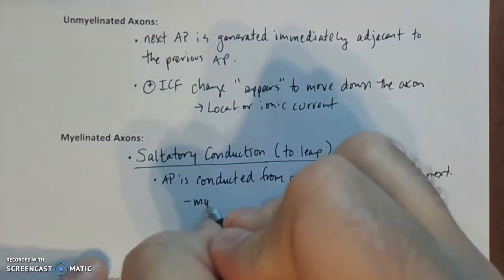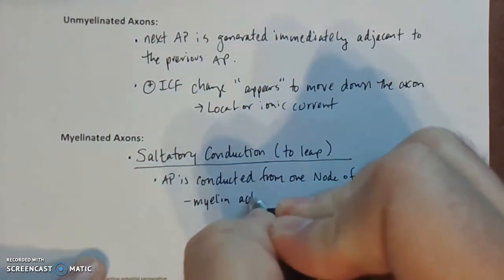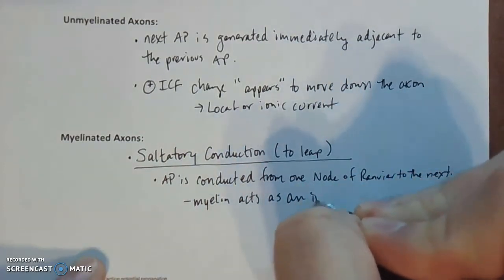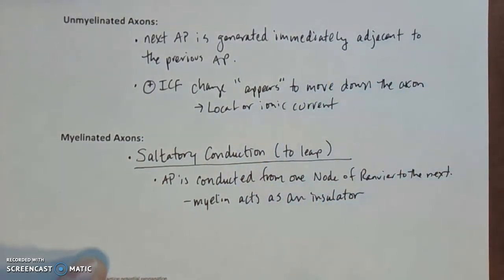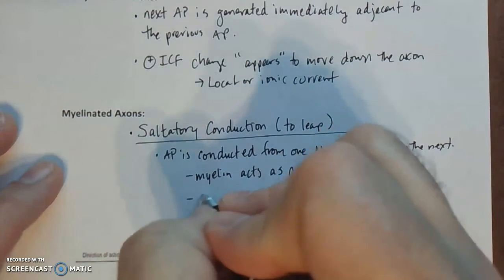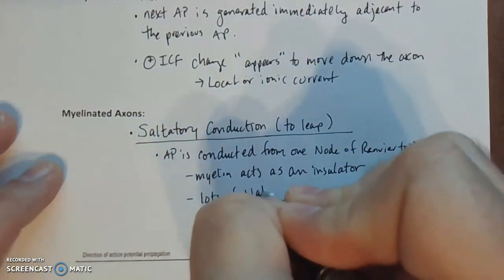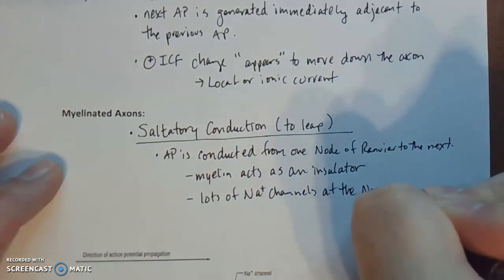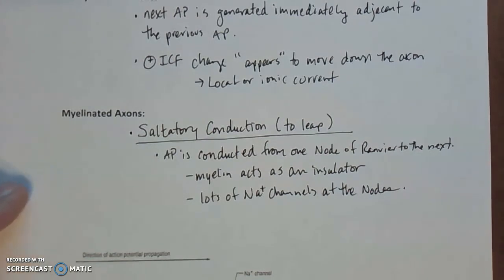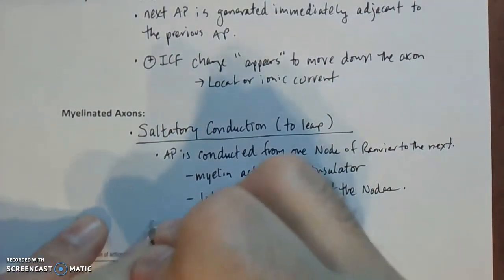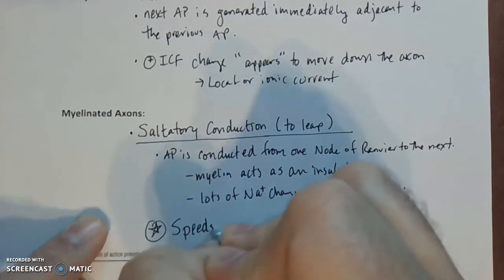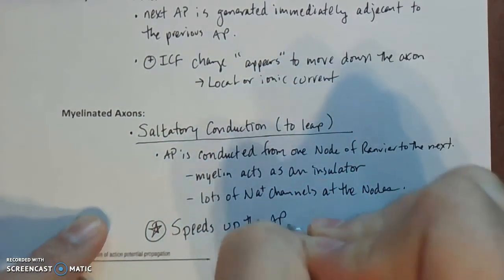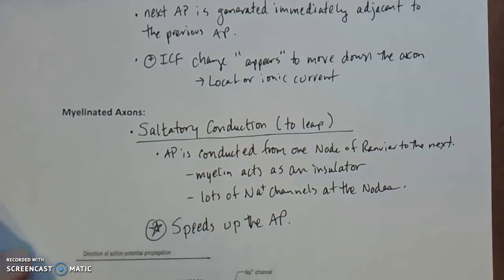Because the myelin acts as an insulator. And an insulator does not conduct electricity. And there are lots of Na plus channels at the nodes. What this does is it speeds up the action potential propagation. So having myelin makes it go a lot faster.